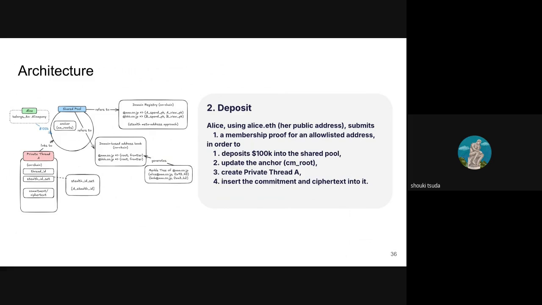She deposits 100K JPY into the shared pool, updates the commitment anchors, and creates private thread A. And inserts the note commitment and the ciphertext. This process is based on common shielded pools like Zcash, but we add an email domain gateway.